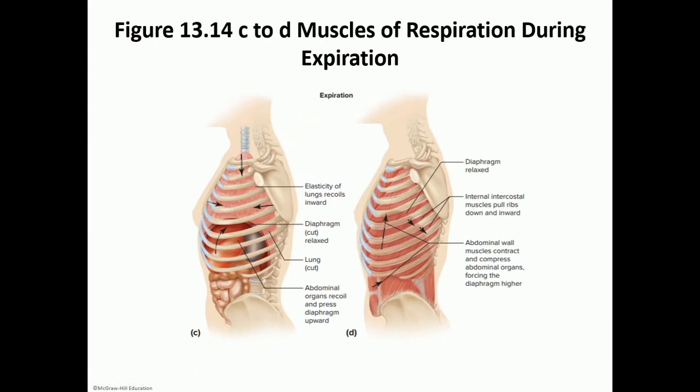And for the muscles of respiration, at rest, we really don't have any. All you have to do is relax the diaphragm, and by the elastic recoil, the air is going to be pushed out. But during forced expiration, we can use the abdominal muscles and the internal intercostals.